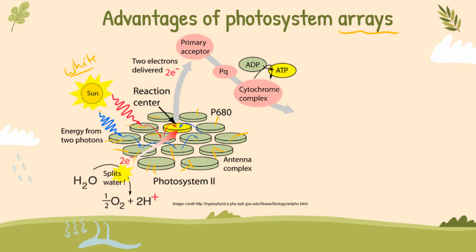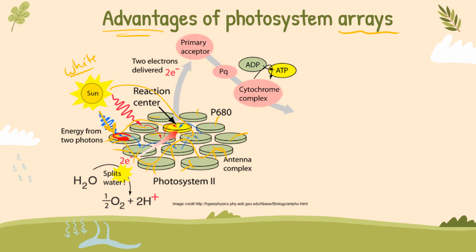It's not like one beam, it's all the beams all over the place. And so those photons are quite scattered as they hit the leaf. Having these many arrays means that there's more of a chance of those photons actually running into electrons in these chlorophyll molecules.